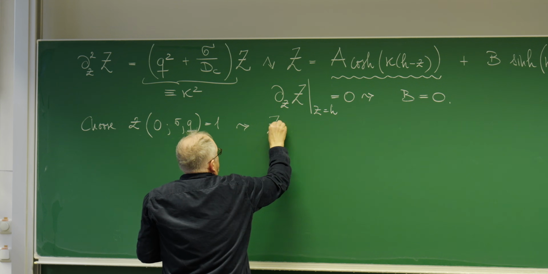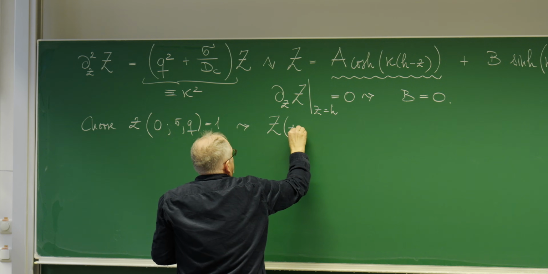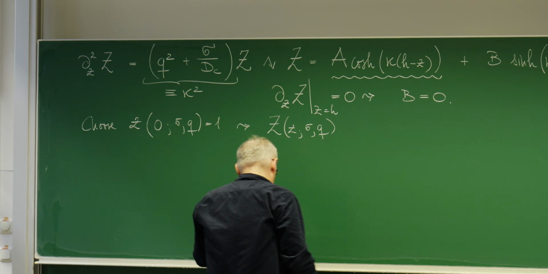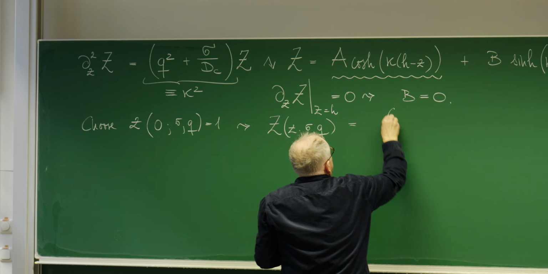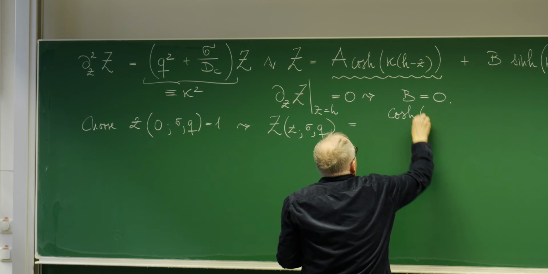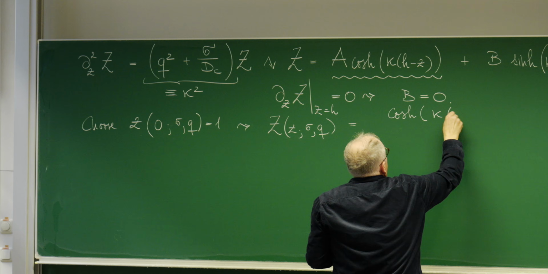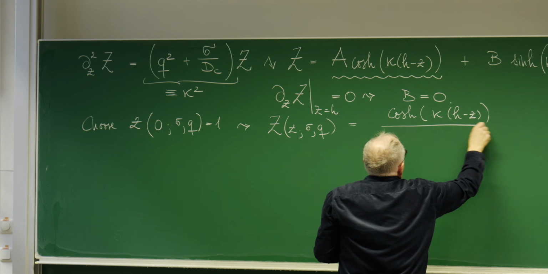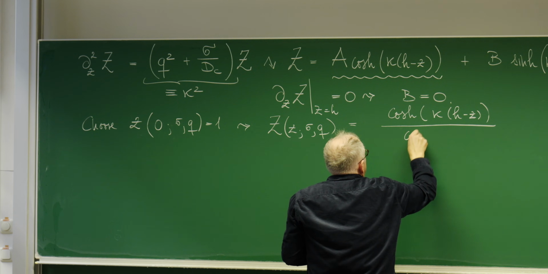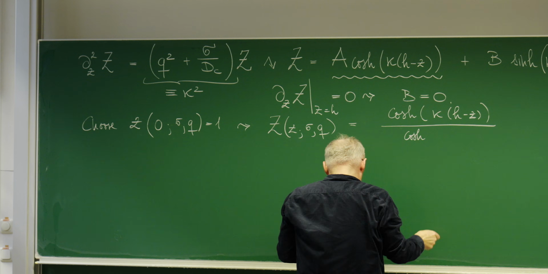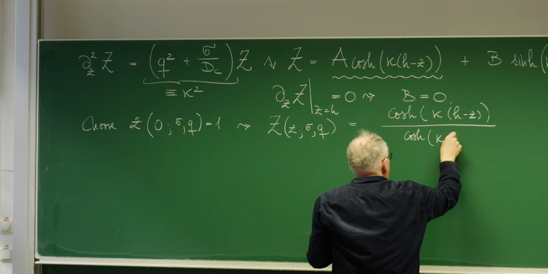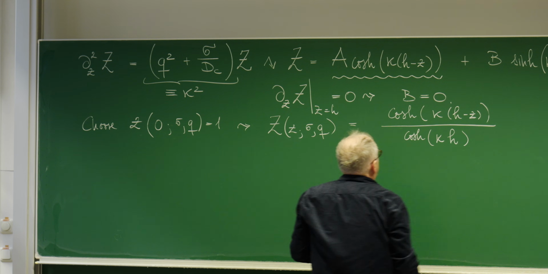And then our profile function as a function of z and of these parameters, sigma and q, is the hyperbolic cosine of kappa (h minus z), divided by the corresponding expression that you get when you put z equal to 0, so cosh of kappa times h.